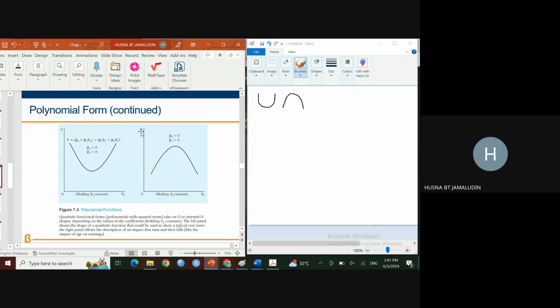Remember, y is your income, and x is your pollution produced. I think it's better for me to draw here rather than talking. So this is your income. This is your pollution.